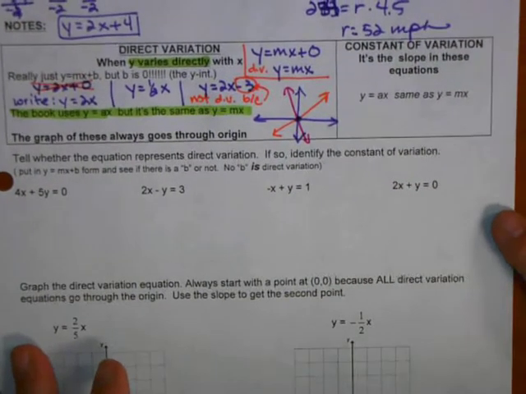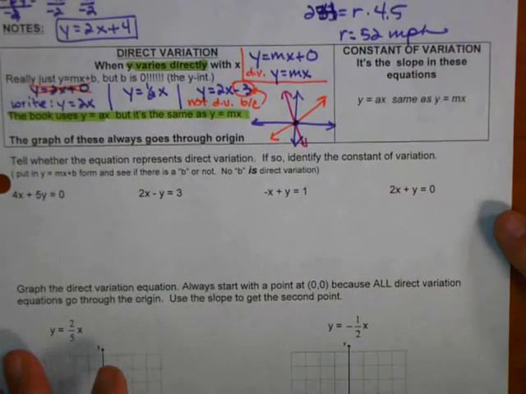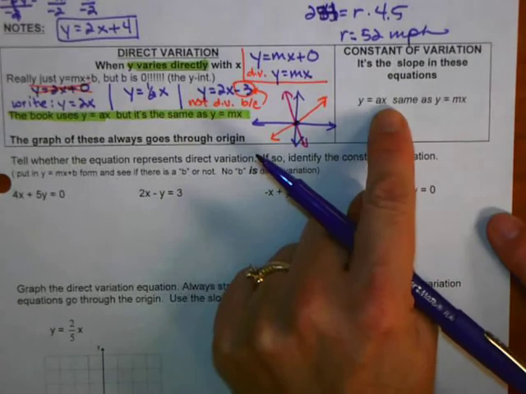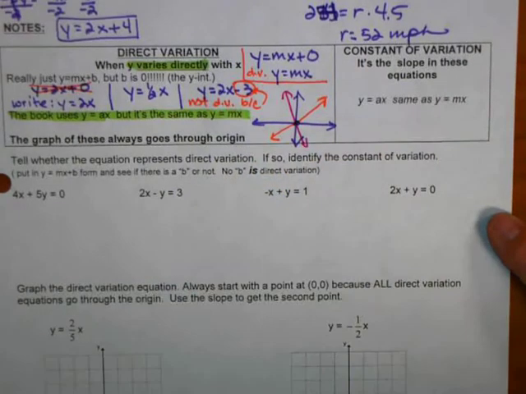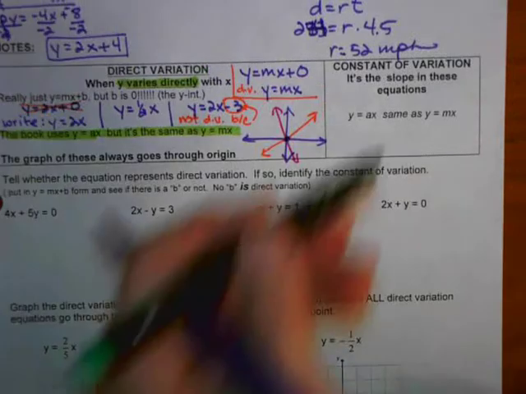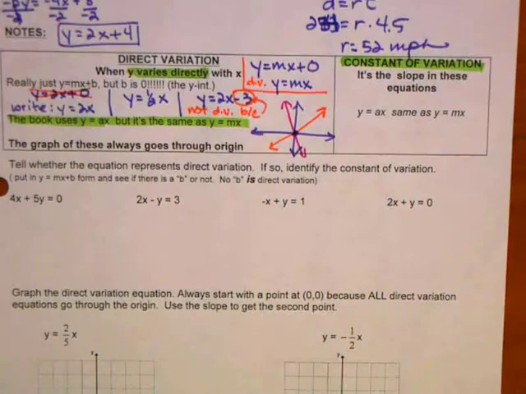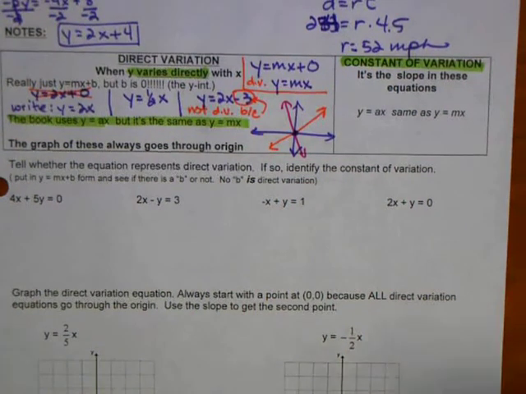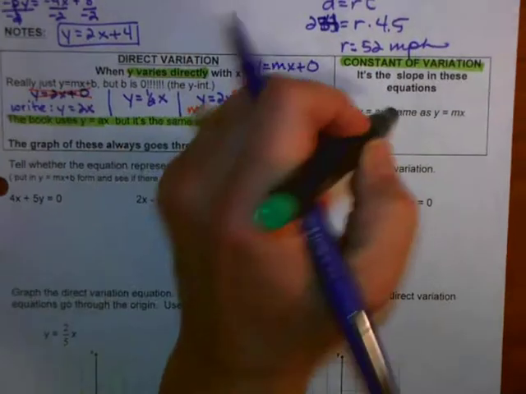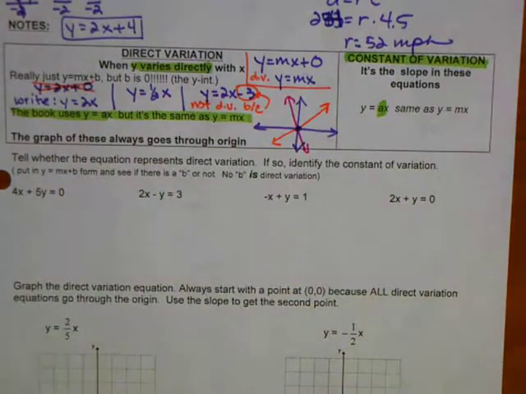The constant of variation, it's the slope in these equations. y equals ax is the same as y equals mx. So I want you to highlight this too. The constant of variation. You're going to see that word in your homework, constant of variation. It's the slope. It's the a, so highlight the a as well. That's it, right there.